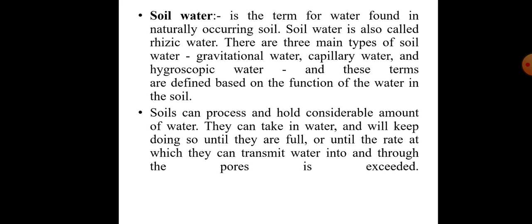Soils can process and hold a considerable amount of water. They can take in water and will keep doing so until they are full or until the rate at which they can transmit water through the pores is exceeded.